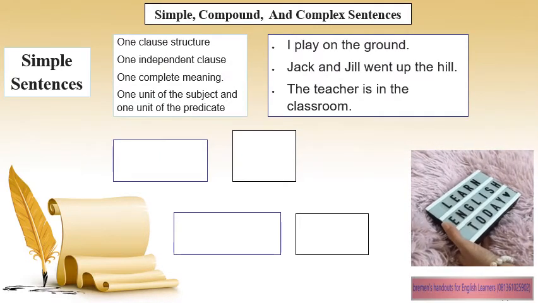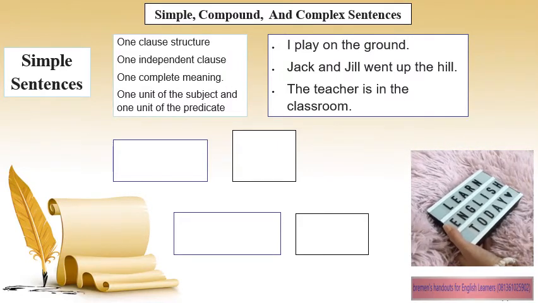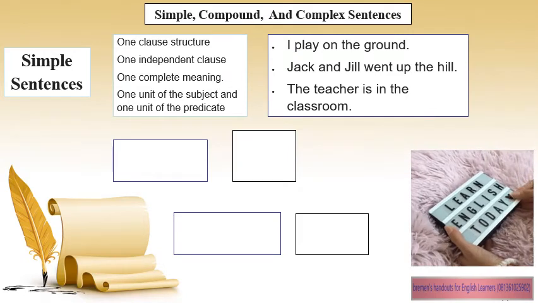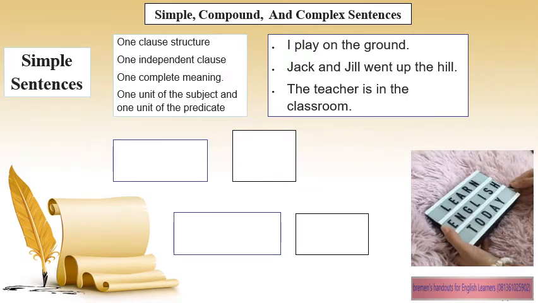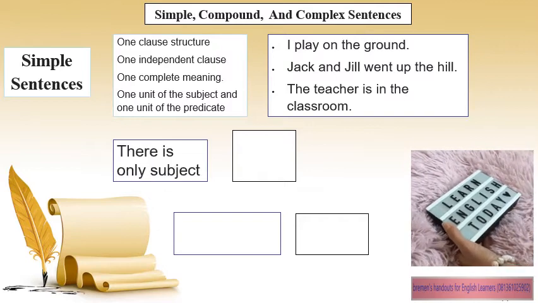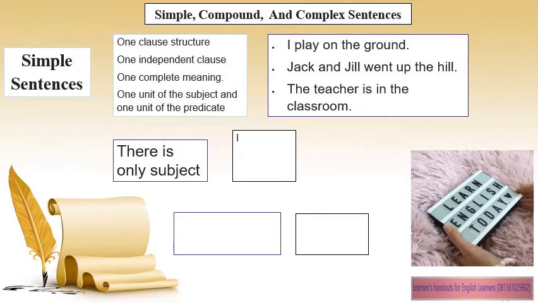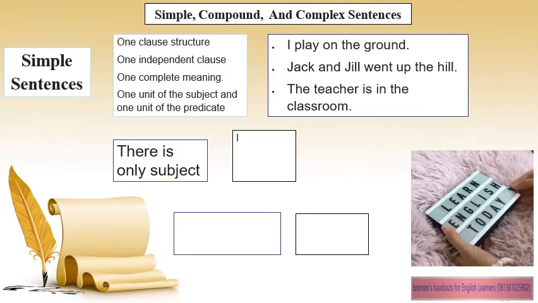The examples that you can see: I play on the ground, Jack and Jill went up the hill, the teacher is in the classroom. The three examples here, all of them have only one single subject. I play on the ground, the subject is only one.